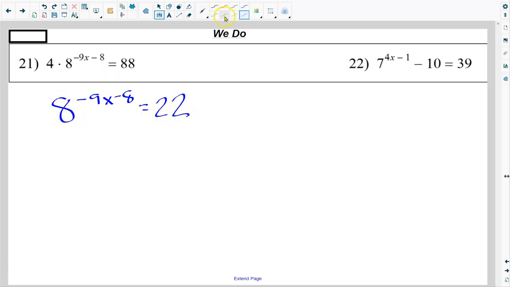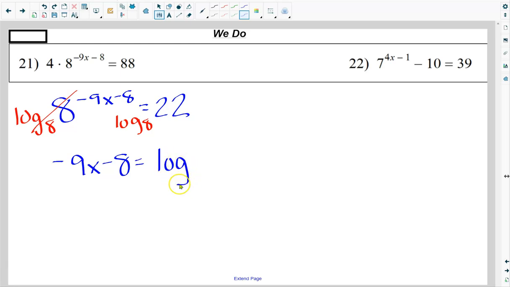Now I'm going to go ahead and introduce log base 8 so that it can cancel here, and same thing over here, log base 8. So I'm left with negative 9x minus 8 equals log base 8 of 22. Now I'm going to do just what I know to do with algebra. I'm going to add 8.